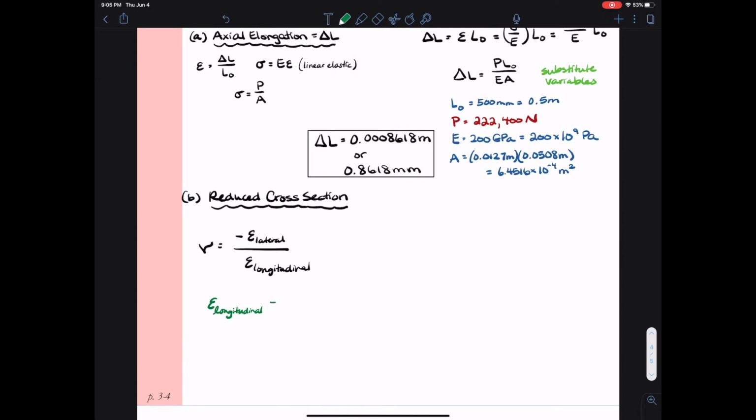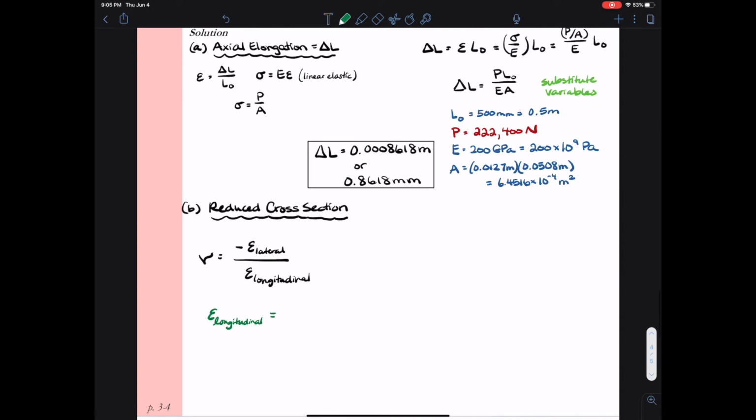Now, I don't have any information on the lateral strain or longitudinal strain as of yet, but I just saw that in my process to calculate the axial elongation, I used the equation for strain, and this strain will represent our longitudinal strain.